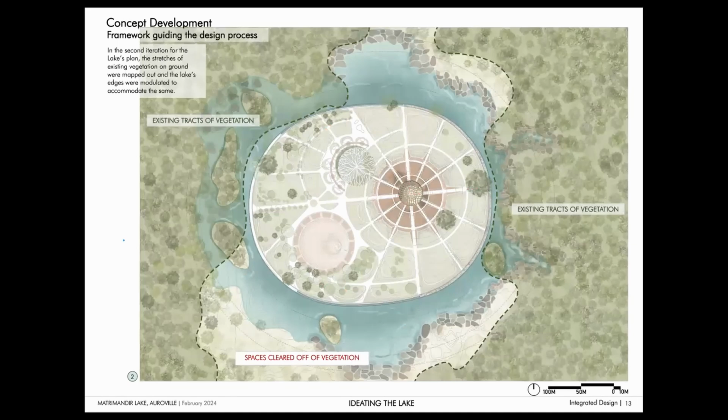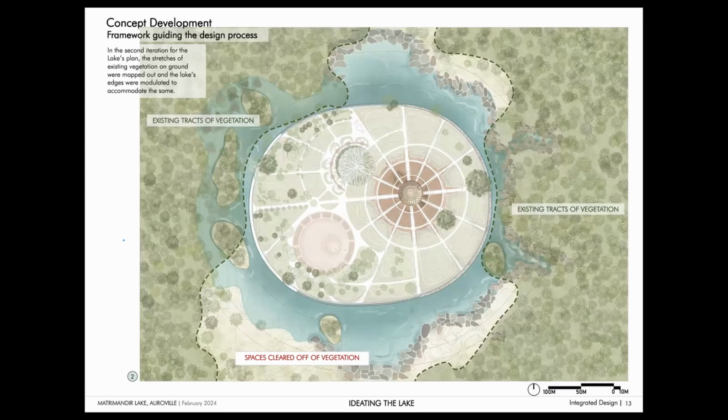So it's also important to understand the existing tracts of vegetation. Of course, all of you are aware of the immense changes this space has seen, especially in the last couple of years. This is based on all the mapping that has been done by Julio and Jan and others, which gives us a fairly precise idea of the kind of vegetation that still exists after all the denudation and the destruction has happened.